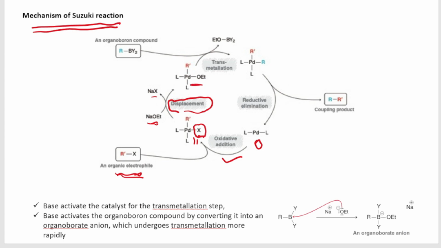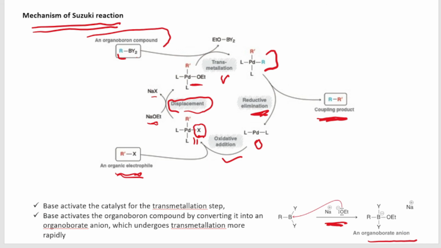Now the next step is transmetallation. To perform transmetallation, your organoboron compound reacts again with base and it will give you an organoborate anion. That organoborate anion now undergoes transmetallation and this R group will get attached to this palladium. And finally, reductive elimination and you will get your coupling product.